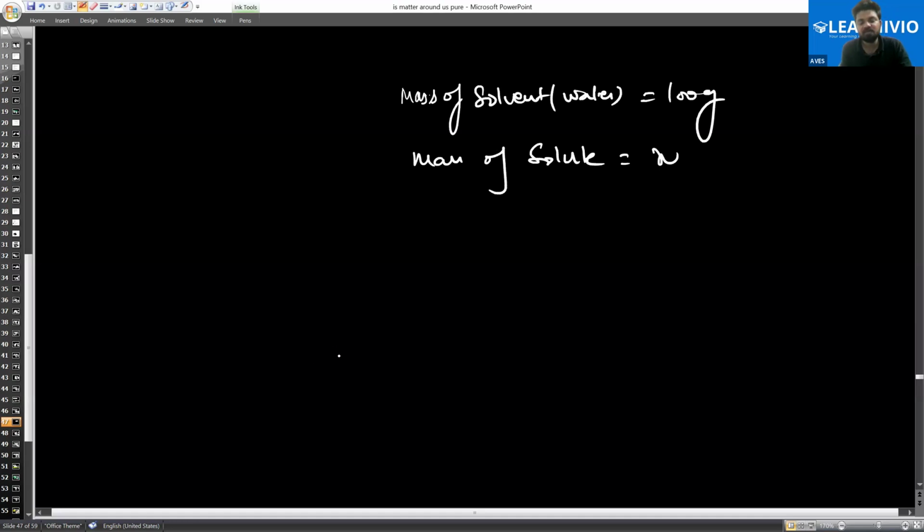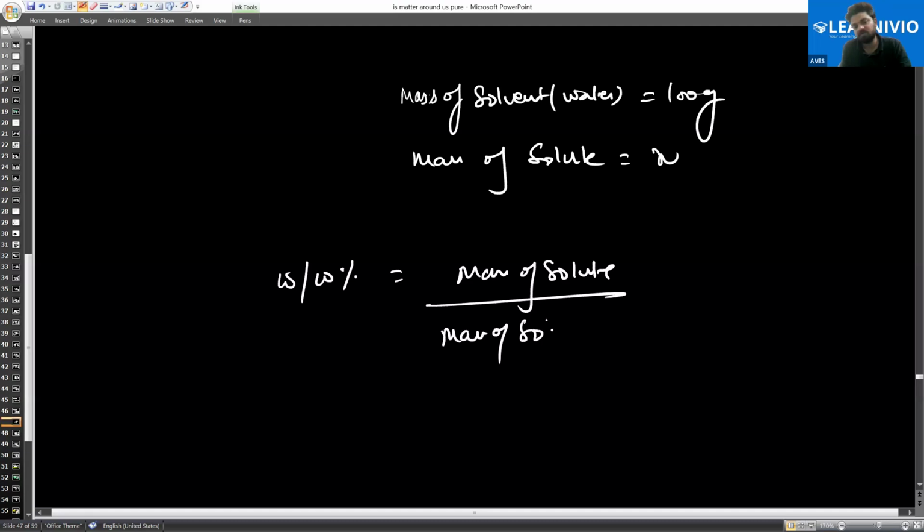Okay, now what do you write here? W by W percentage is equal to mass of solute upon mass of solution into 100. It is given that W by W percentage is 20%.